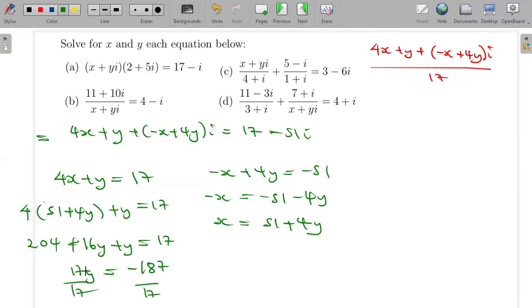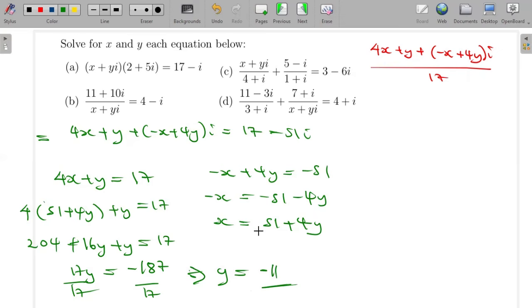I divide there, and this implies y is just going to be equal to negative 11.